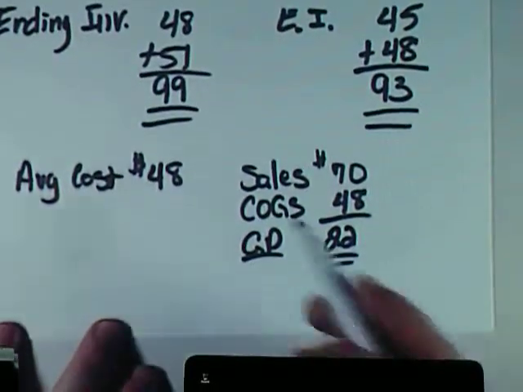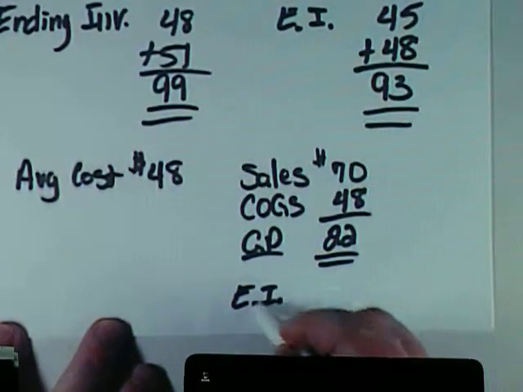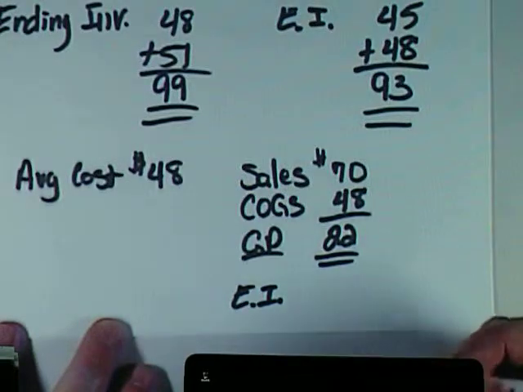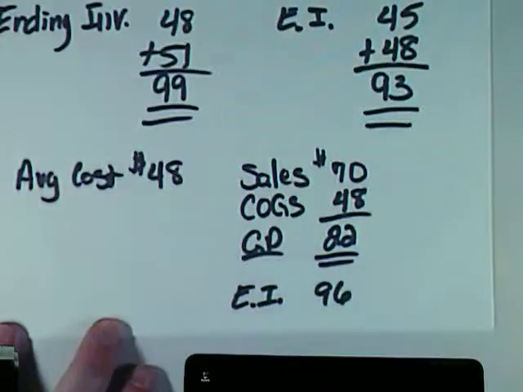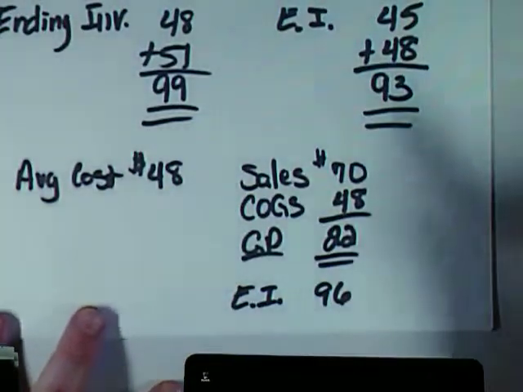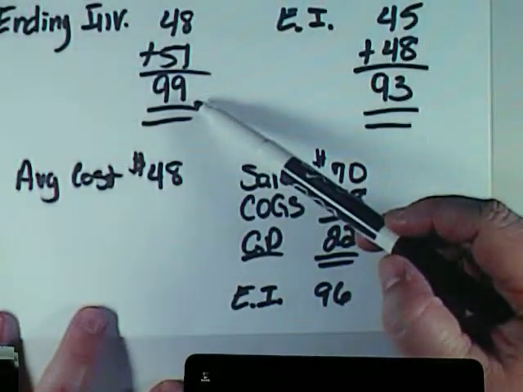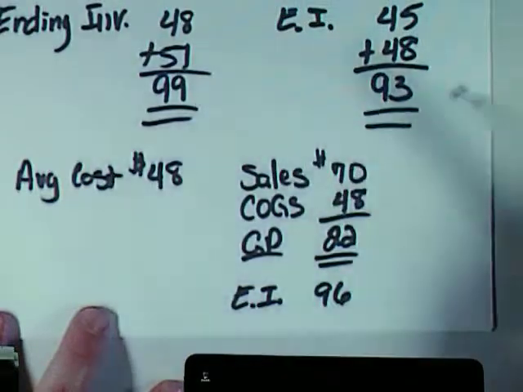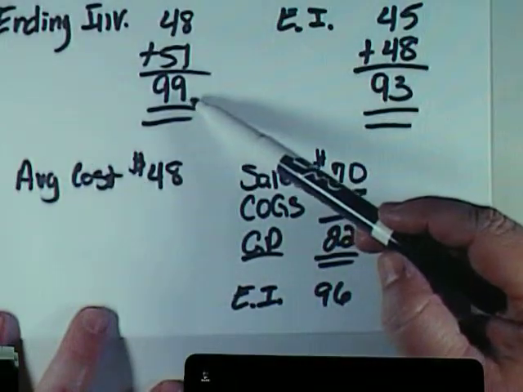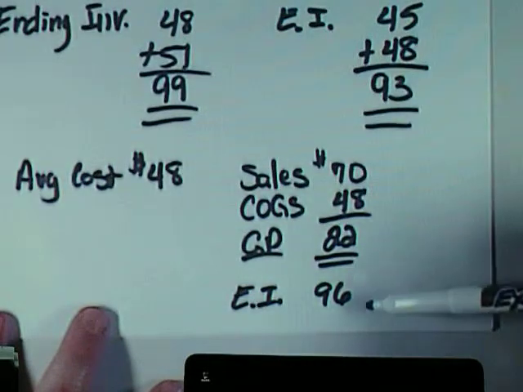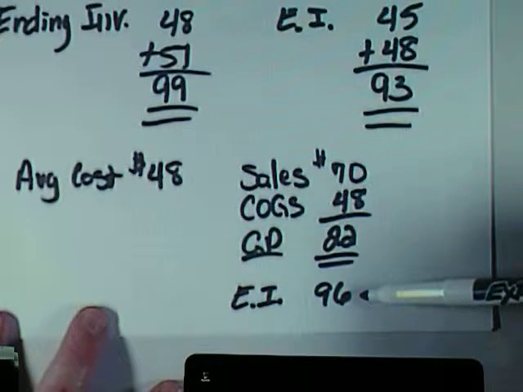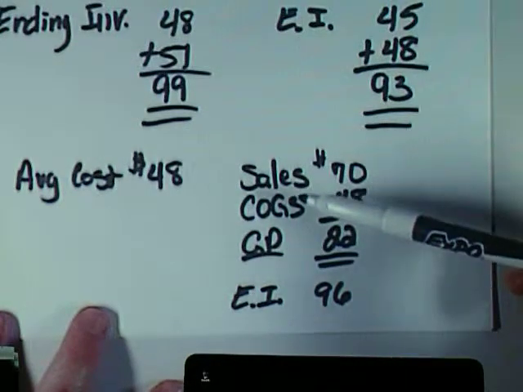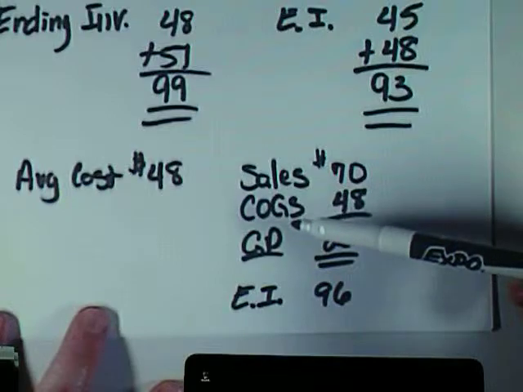And my ending inventory is made up of 2 units that cost $48 a piece, so my ending inventory is $96. So you can see again, FIFO gave me $99, LIFO gave me $93, average cost gave me $96. Average cost is your easiest. This is what most point of sale systems do.